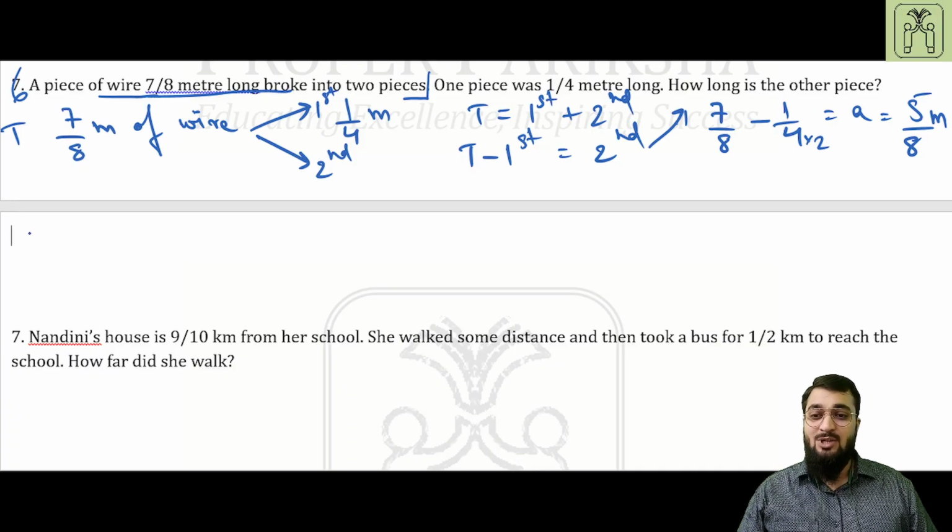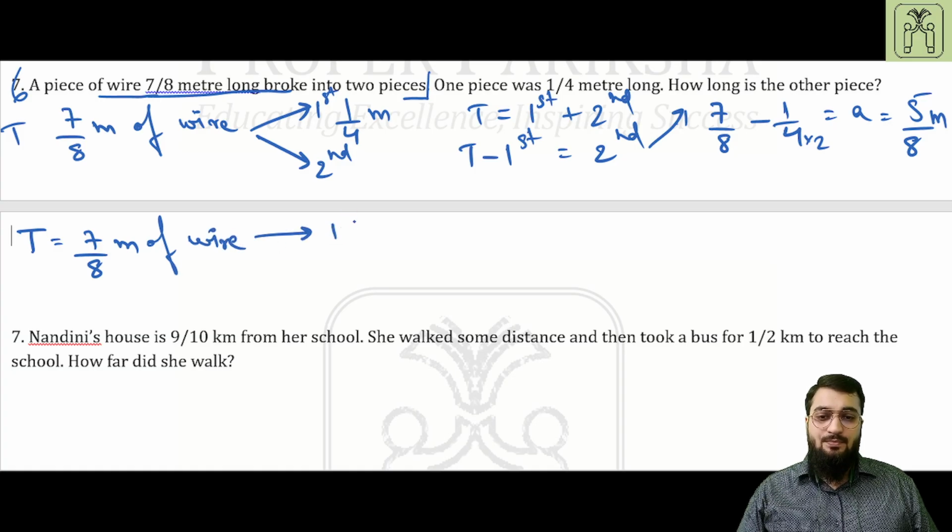Then the question would change in this manner: t is equal to 7 by 8 meter of wire. The first piece is equal to 1/4 of the total, that is 1/4 into 7 by 8 meter of wire.